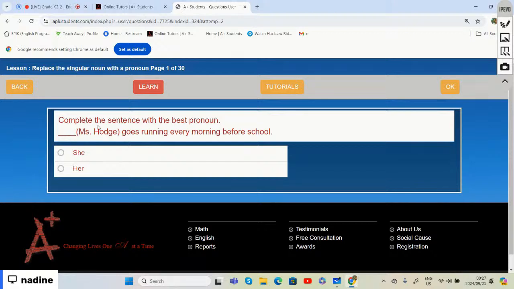So we need to replace Miss Hodge with a pronoun. Do we say she goes running every morning before school? Or do we say her goes running every morning before school? Which one is correct?